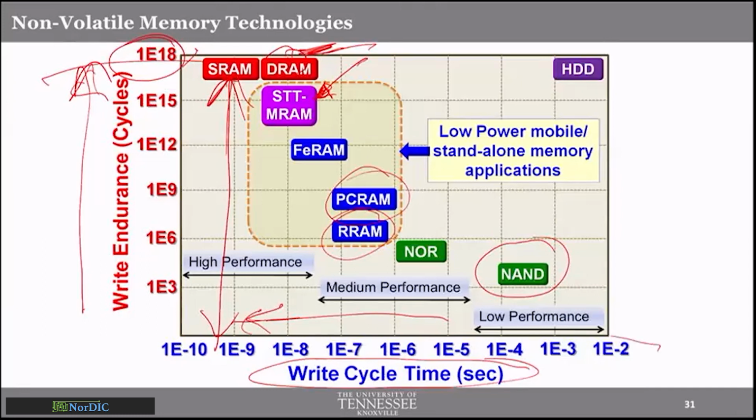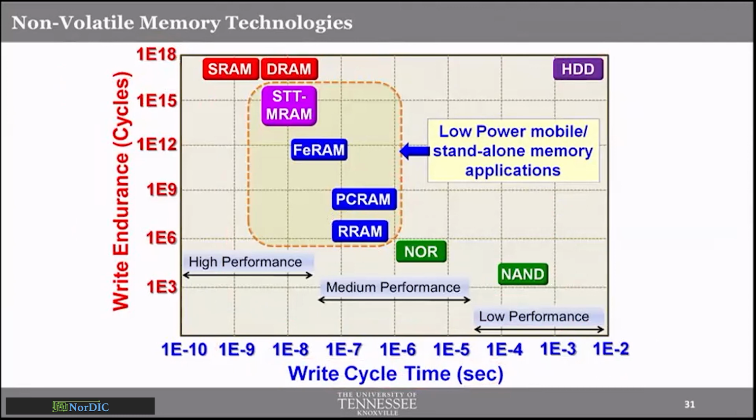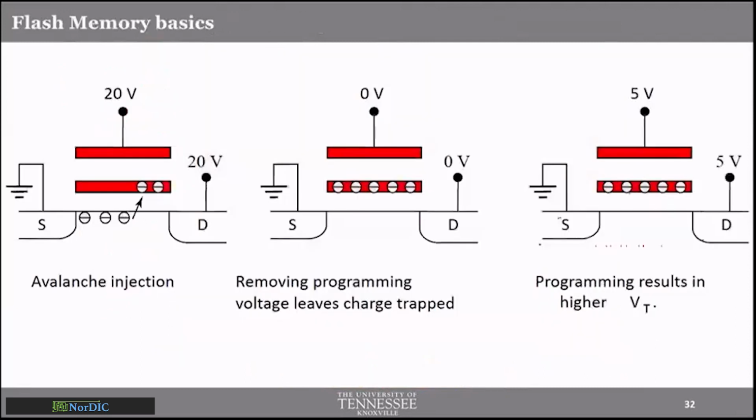And don't take these numbers too seriously because they keep changing. Next year, you will see different numbers because STTM RAMs and SRAMs will keep improving. My intention is to just give you some perspective as to why, even with that many transistors and that many problems, we still go for SRAM in everything that we use in modern electronics. They're simply the best.